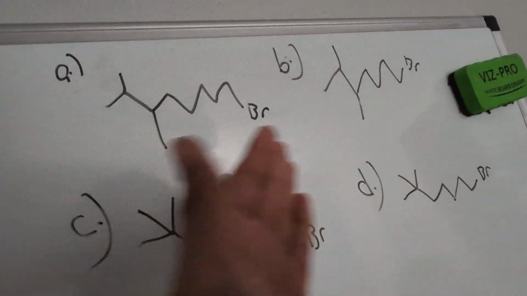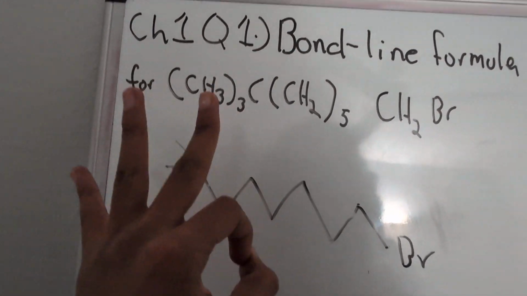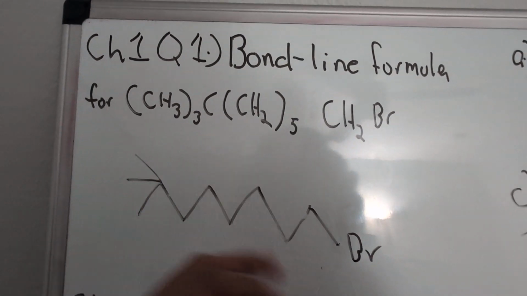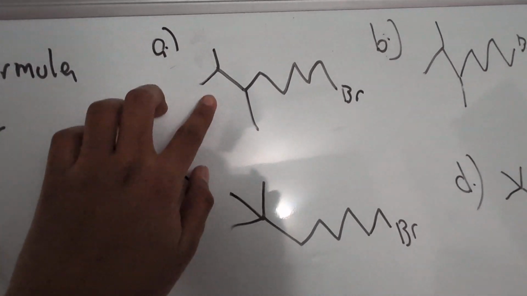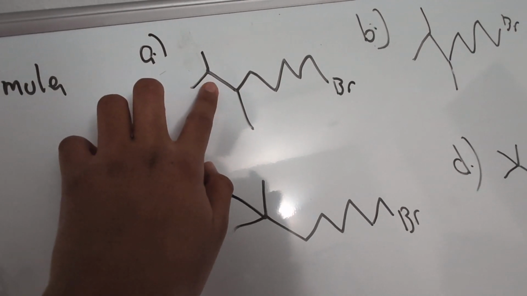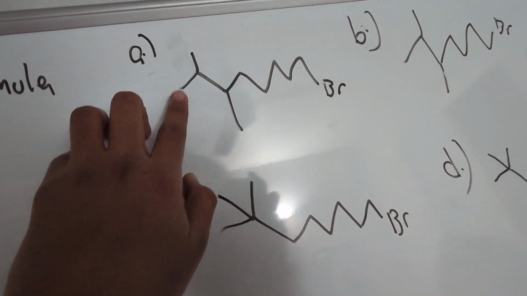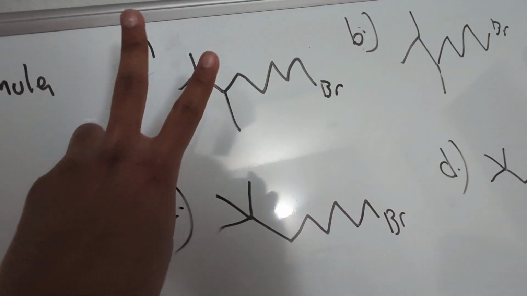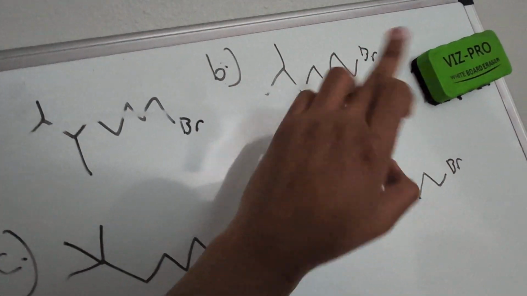Now A and B, both of these are wrong because they said that 3 methyl groups are connected to the second carbon in the parent chain. And as we can look here, this is the second carbon in the parent chain, and it only has 2 carbons connected to it. So automatically disqualified because of that.